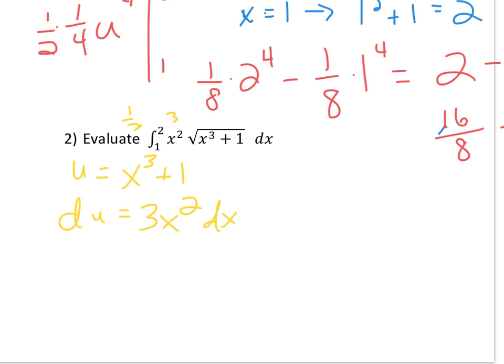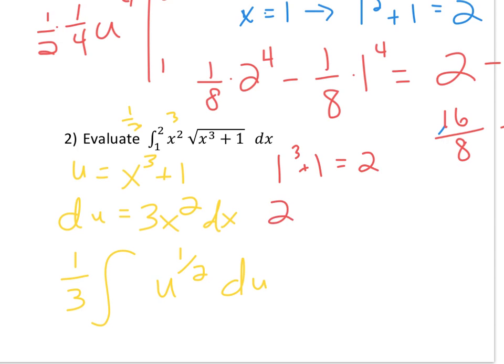Okay, so when we do our rewrite, we are going to get our 1/3 on the outside, integral. It's going to be the square root of u, or in other words, u to the 1/2 power, du. And then for our upper and lower limits of integration, we are going to get, well, if u equals x cubed plus 1, so 1 cubed plus 1 is equal to 2.